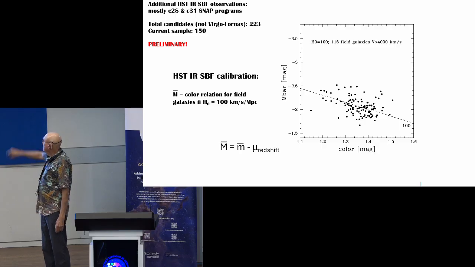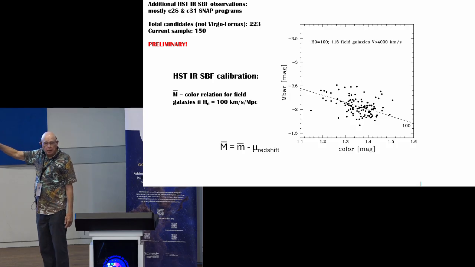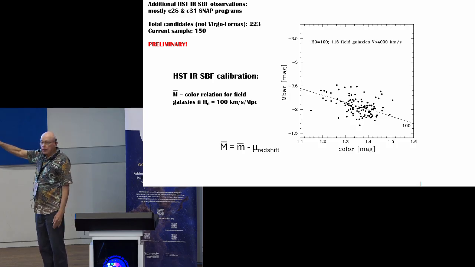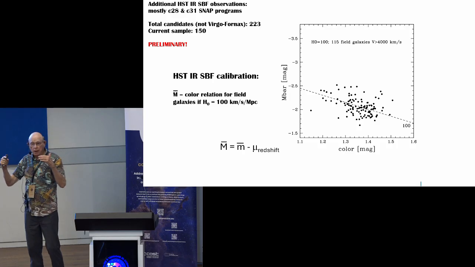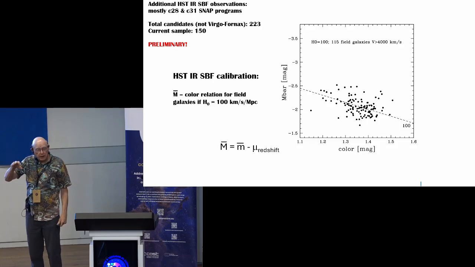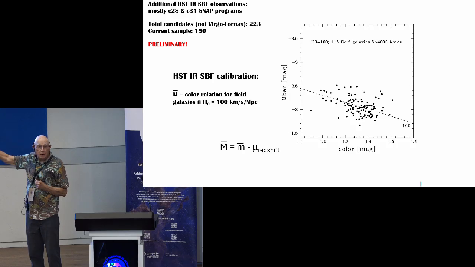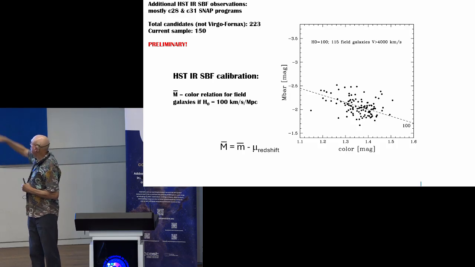And this is showing you how they lie if you assume a Hubble constant of 100. Okay, so we measure the fluctuations, and that translates to an absolute fluctuation by assuming a Hubble constant of 100 in their velocities, and you get this plot right here.